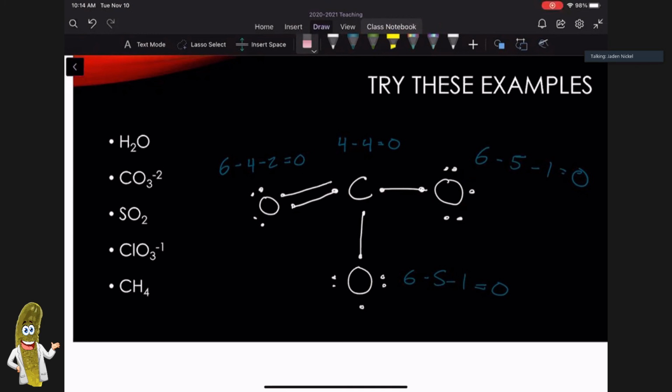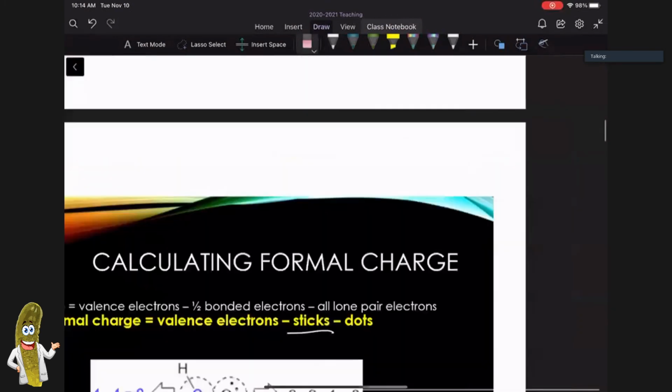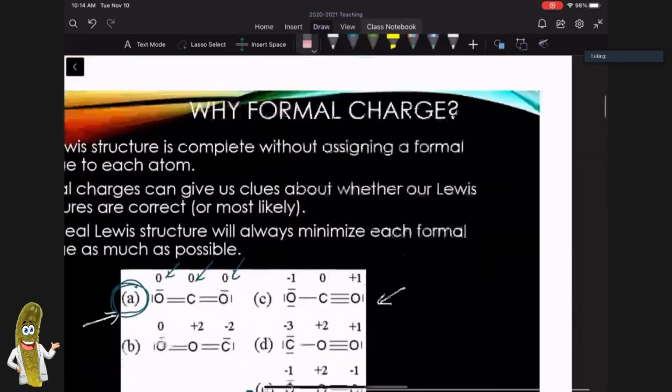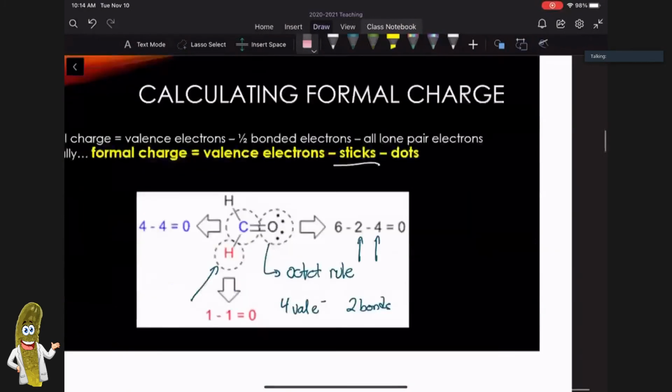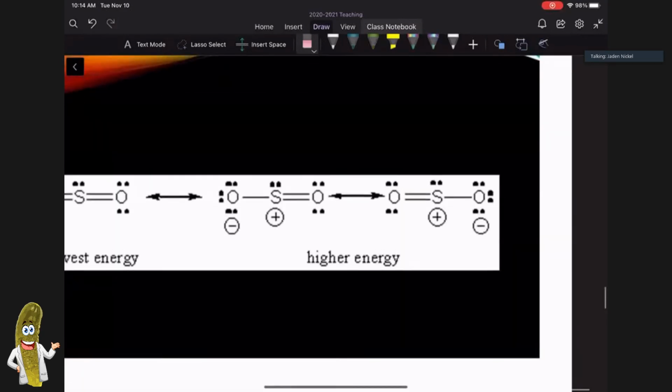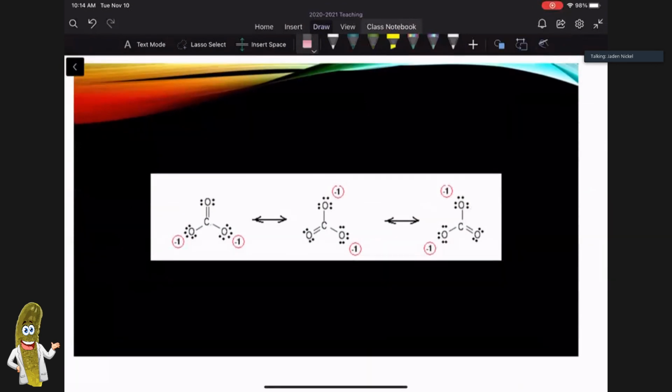And the actual structure of CO3 ends up being like this. So it has a couple different forms that it can take.